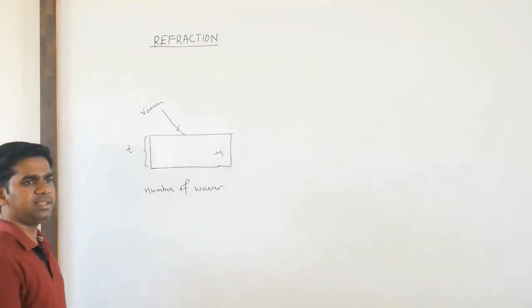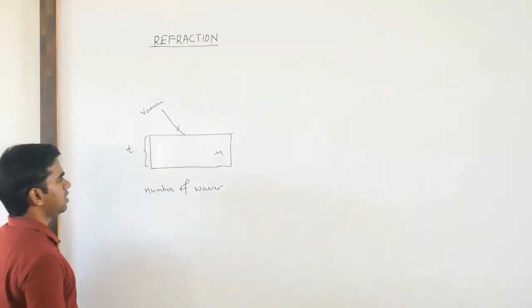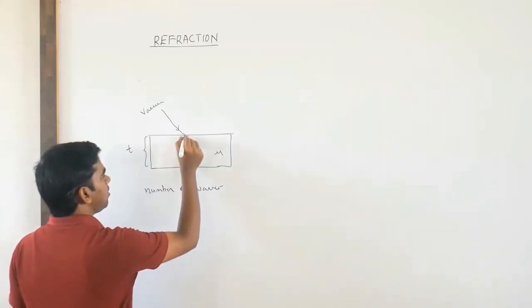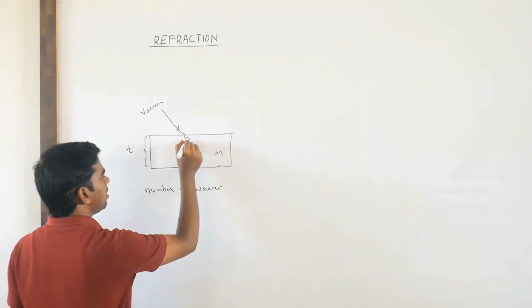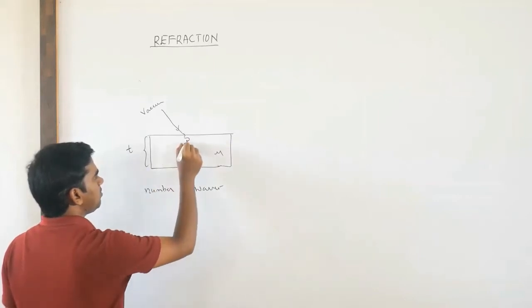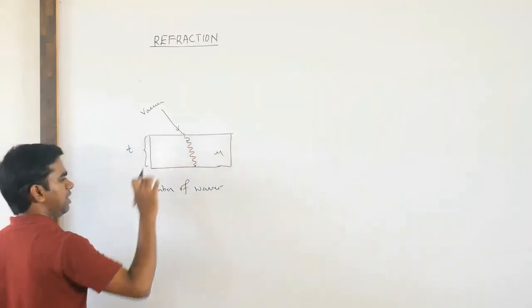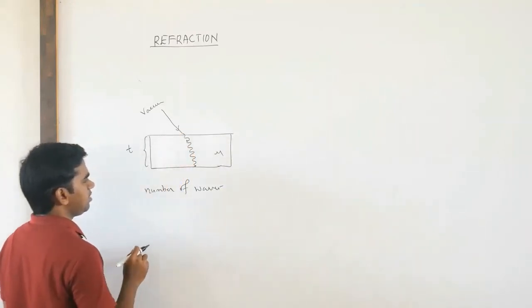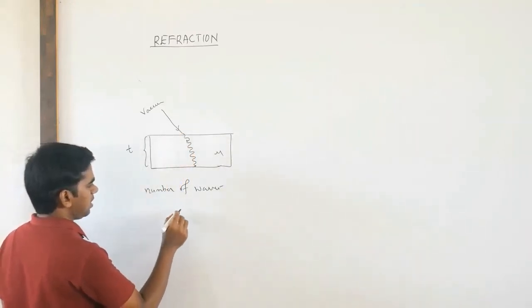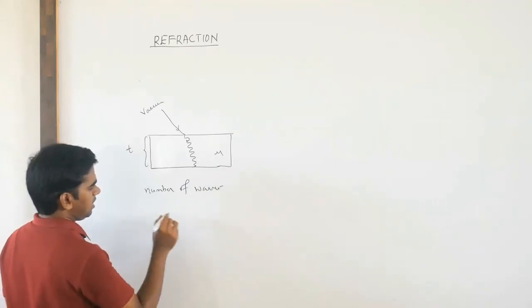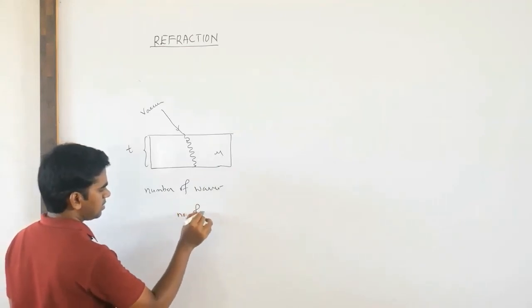How can we find the number of waves? We can take one wavelength as one wave. So if there are so many waves, how can we get the number of wavelengths?